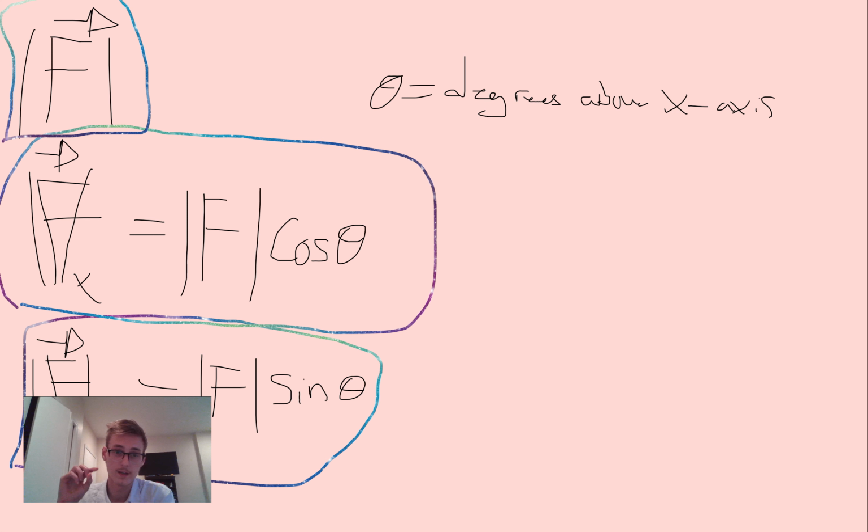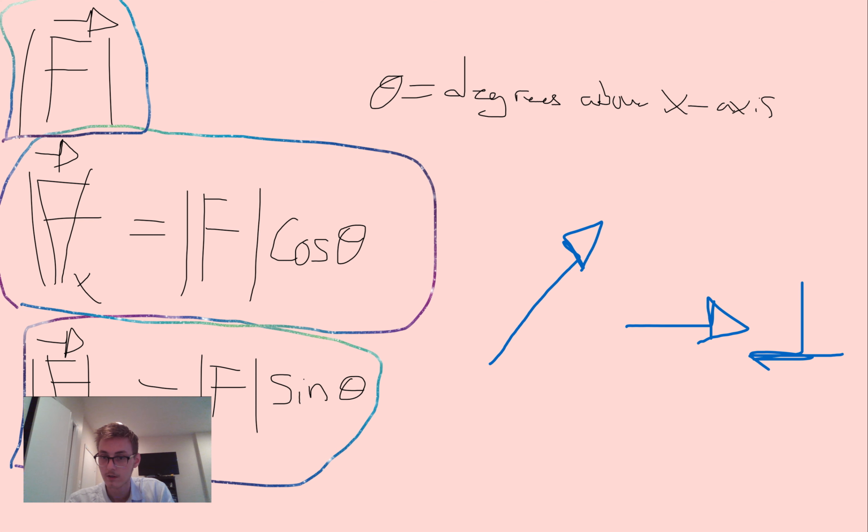Alright, hopefully in my next video we can get to calculating these components quickly, and then adding multiple vectors together. So I want to be able to have this vector, and this vector, and this vector expressed in terms of x and y components, and then added together.